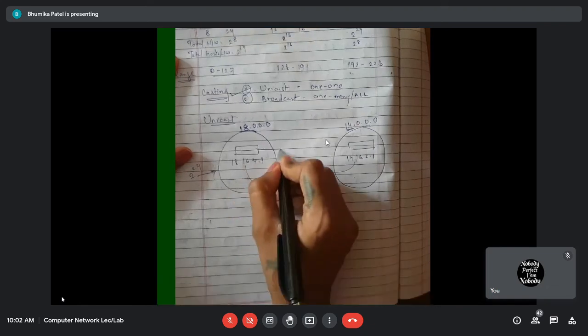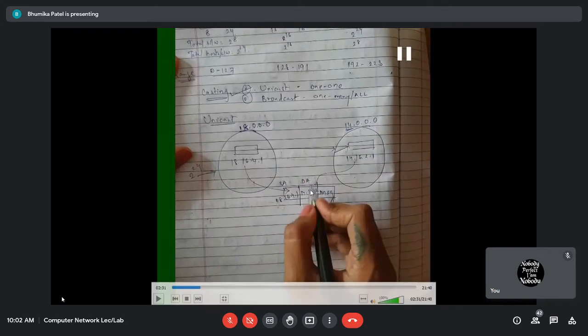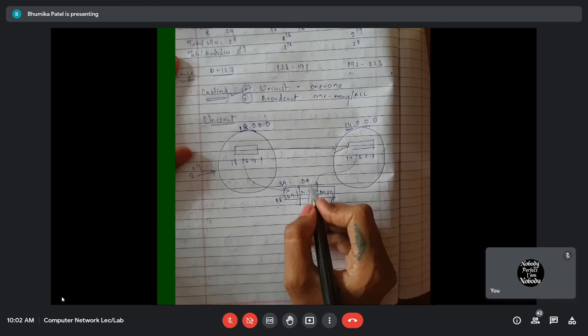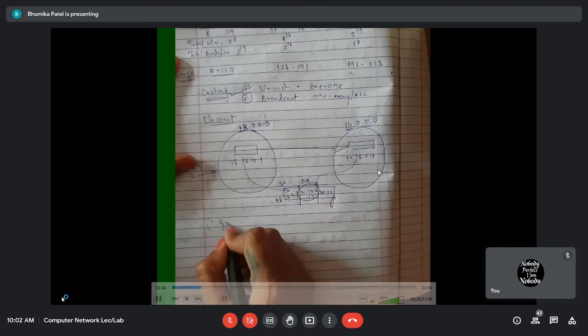It will perform the routing method, and according to the routing algorithm, it will send this message to only this device. There will be 2 raised to 24 devices in this network, but it will select this particular destination because its IP address is unique, 14.16.2.1.